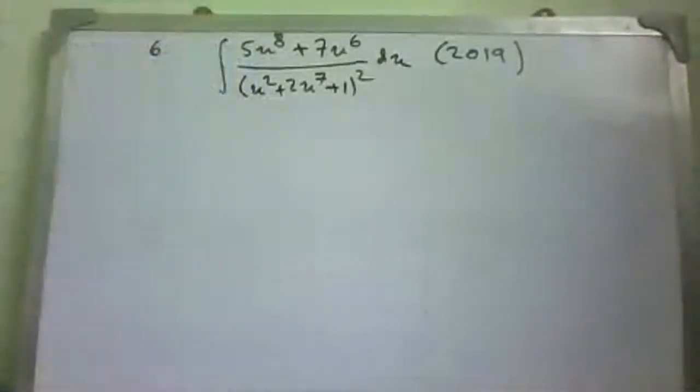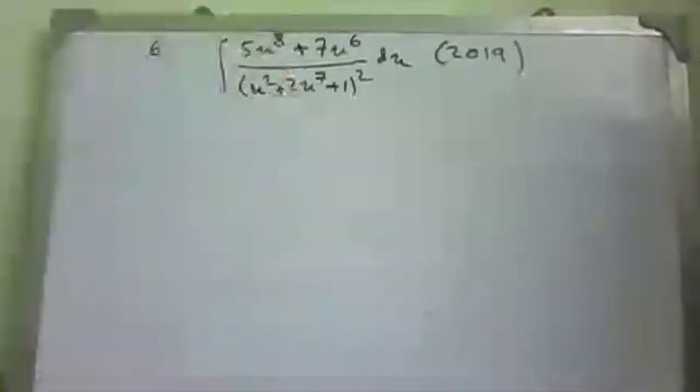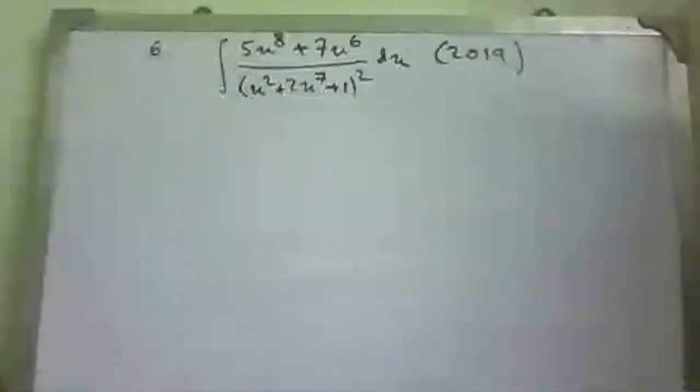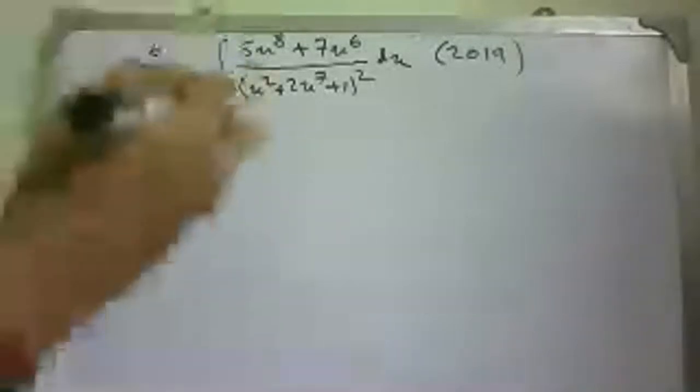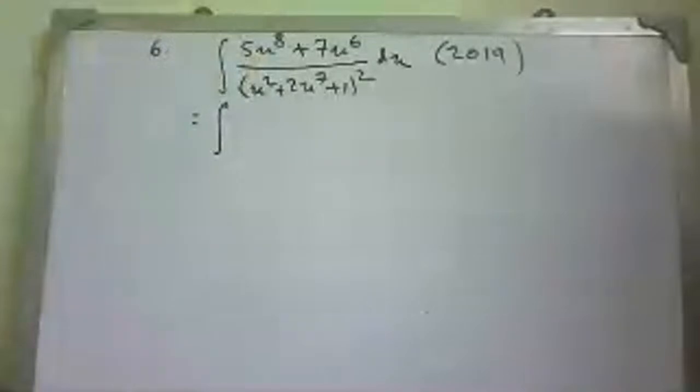In this kind of question, where there are a lot of big numeric powers, we need to divide the numerator and the denominator by something. So what if we divide the numerator and the denominator by x to the power 14? There is a reason why I'm dividing by x to the power 14.